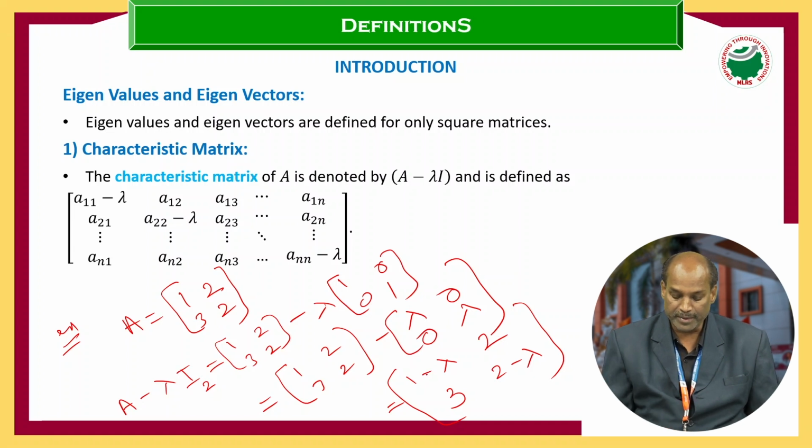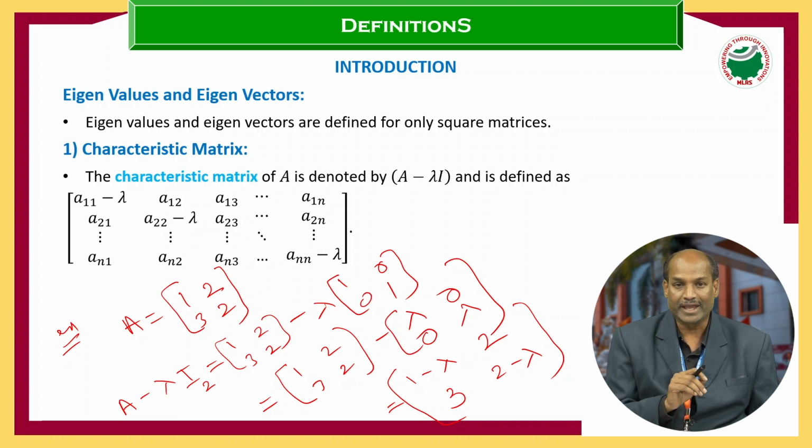You see 1 minus lambda, 2, 2 minus lambda, and 2, 3 remain the same. No change in these two values. So from these steps, I can conclude that we get the characteristic matrix from the given matrix A by subtracting lambda from the diagonal elements of A.